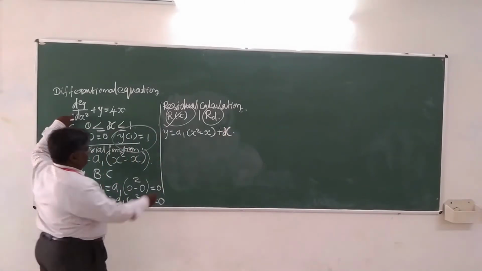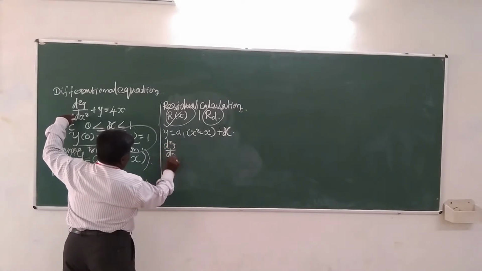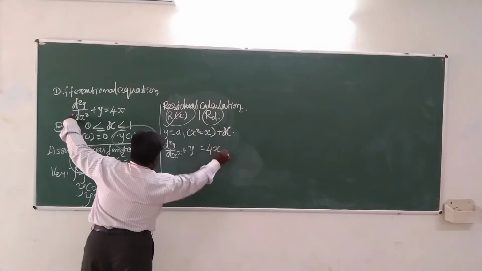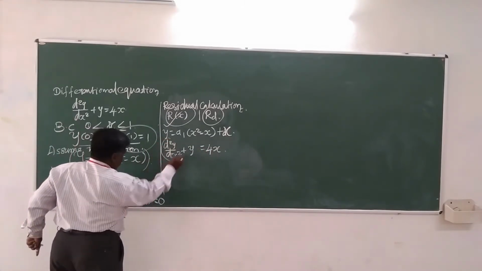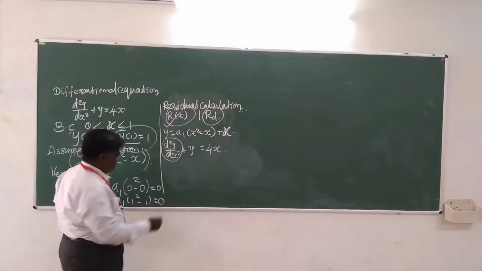Rewrite your differential equation d square y divided by dx square plus y equal to 4x. We have to differentiate the trial function two times.